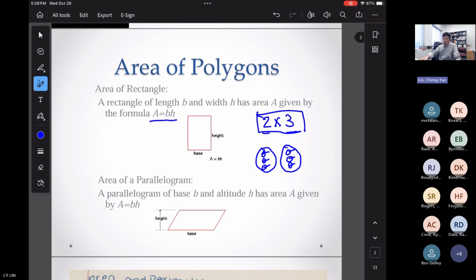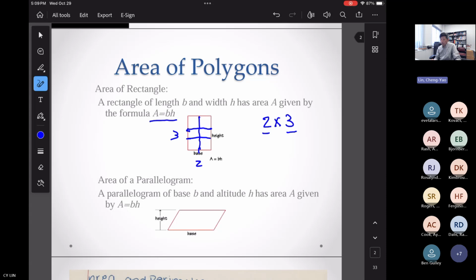We also can have another meaning for 2 times 3. We have 2 units, 2 feet, and then 3 units. So another meaning is the area meaning. We want to teach them another meaning, which is the area meaning.